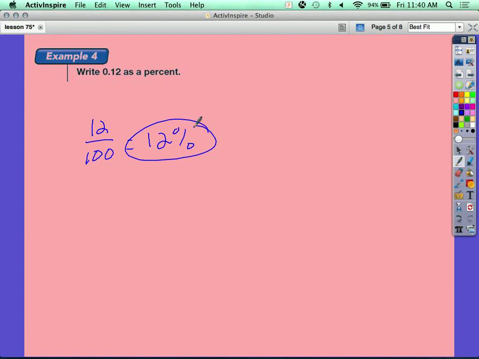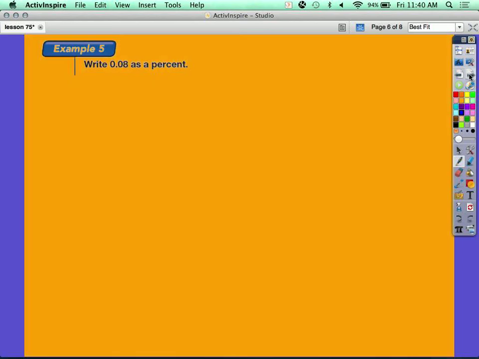Perfect. Nice and easy. So if our decimal is in hundredths, we just write that fraction, 12/100, with a percent sign. Write 0.08 as a percent. 8/100 equals 8%. Nice and easy.